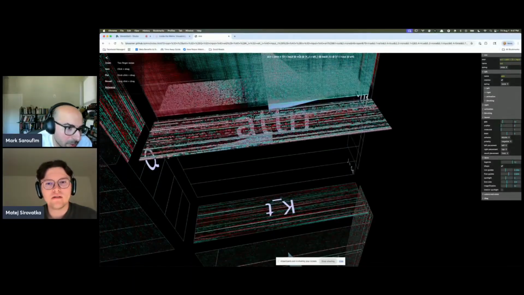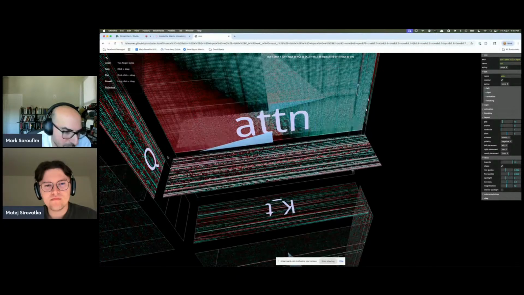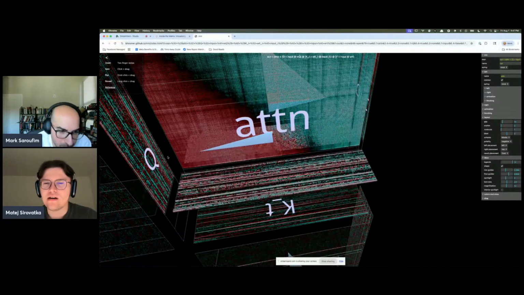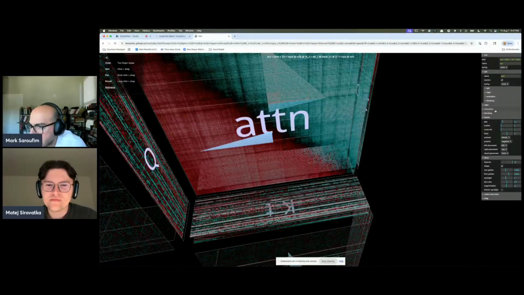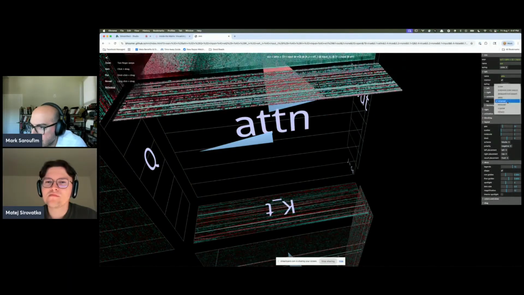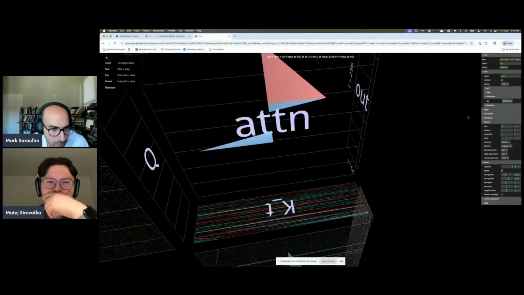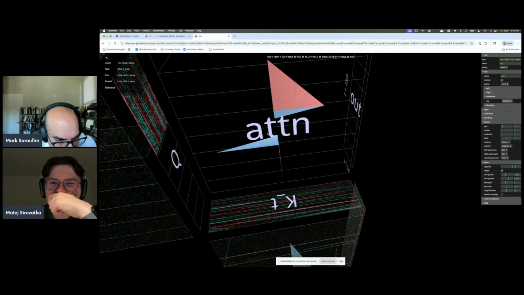Q almost looks to me as if you just have different columns, red, then all blue, and so on. Maybe it makes more sense if I do matrix vector, let's see what happens. We're filling it up.